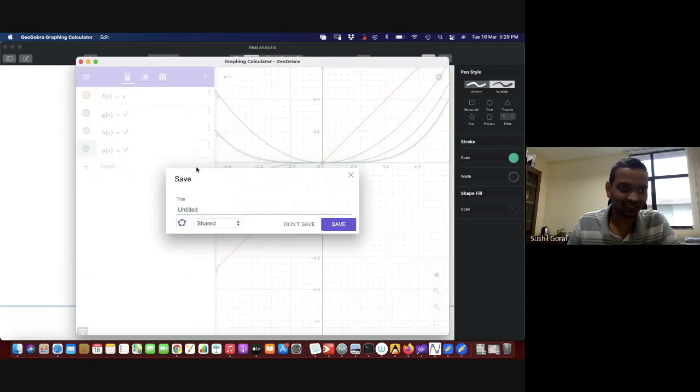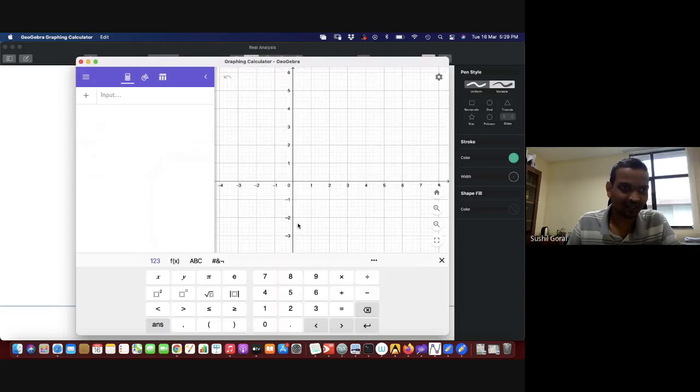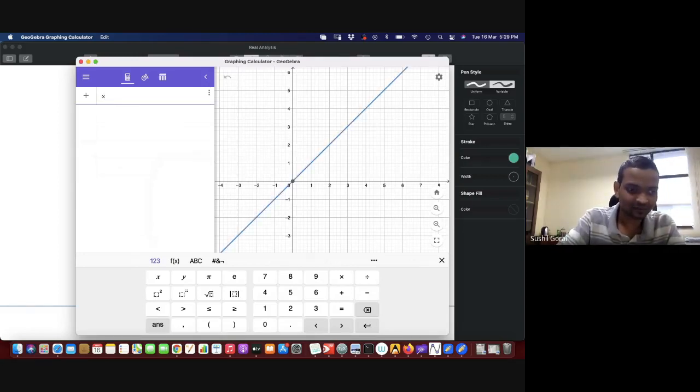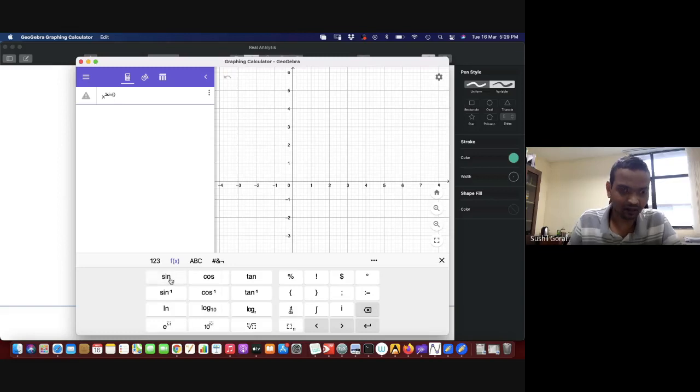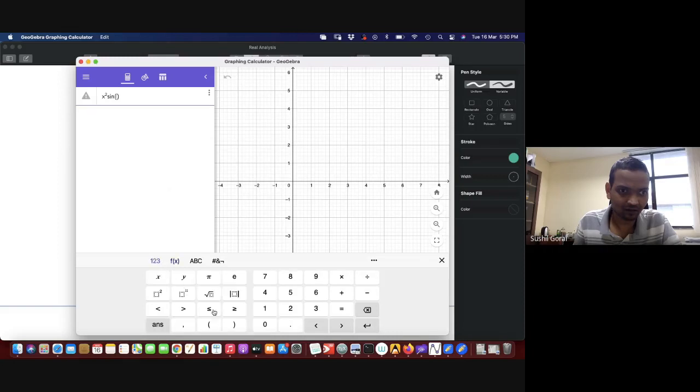So clear on. So x square, then sine, oh no, I don't want on top of it. x square sine 1 by x.